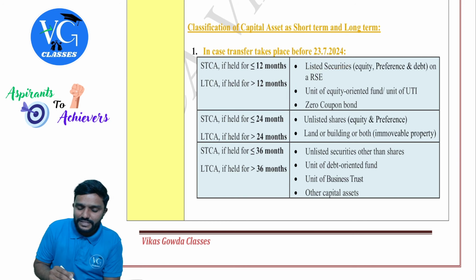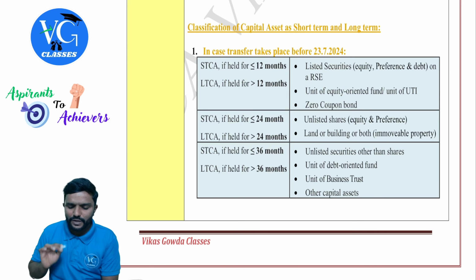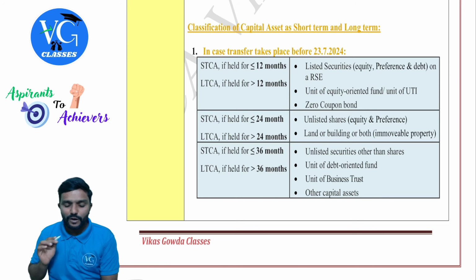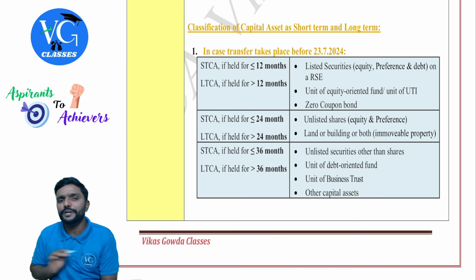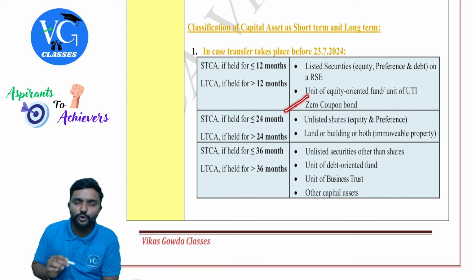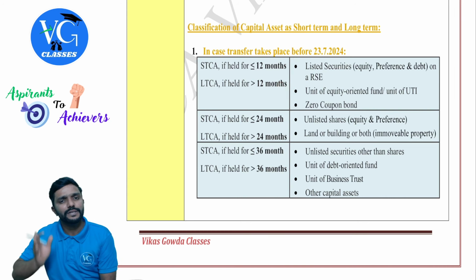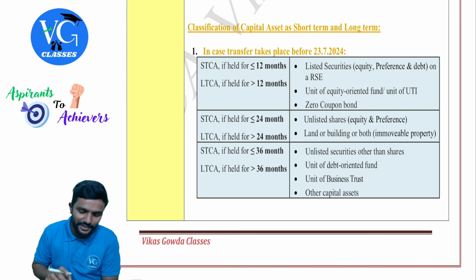First category: listed securities, both equity, preference as well as debt on a recognized stock exchange, units of an equity oriented fund or units of the Unit Trust of India, and zero coupon bonds. If these assets are held for more than 12 months, it is long term; less than or equal to 12 months, short term.